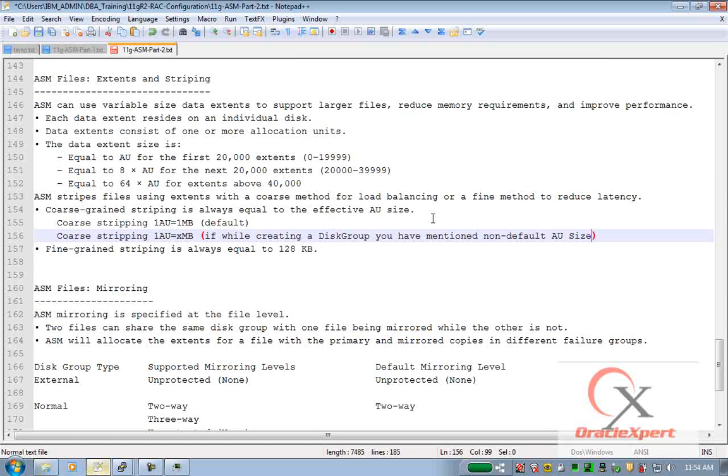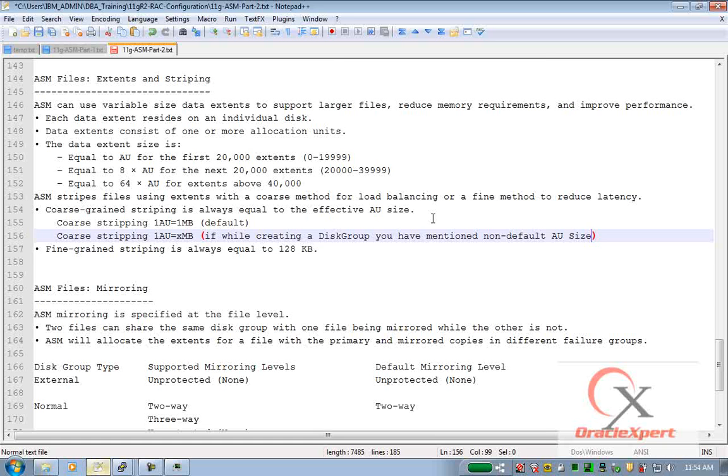So if I am talking about such a disk group where you didn't change the AU size, it is 1 MB, which means if I do a coarse striping on such a disk group, the AU size will be 1 MB. But consider another case. I created another disk group. While creating that disk group, I selected AU size as 4 MB.